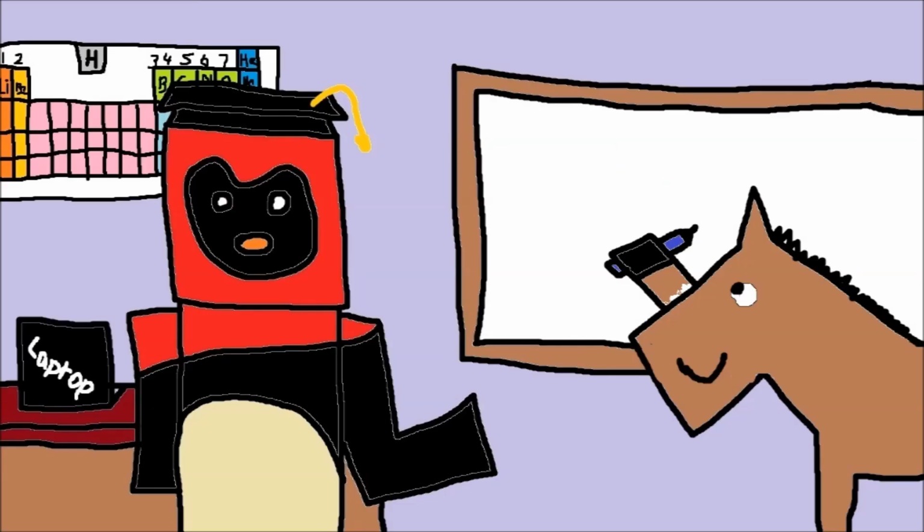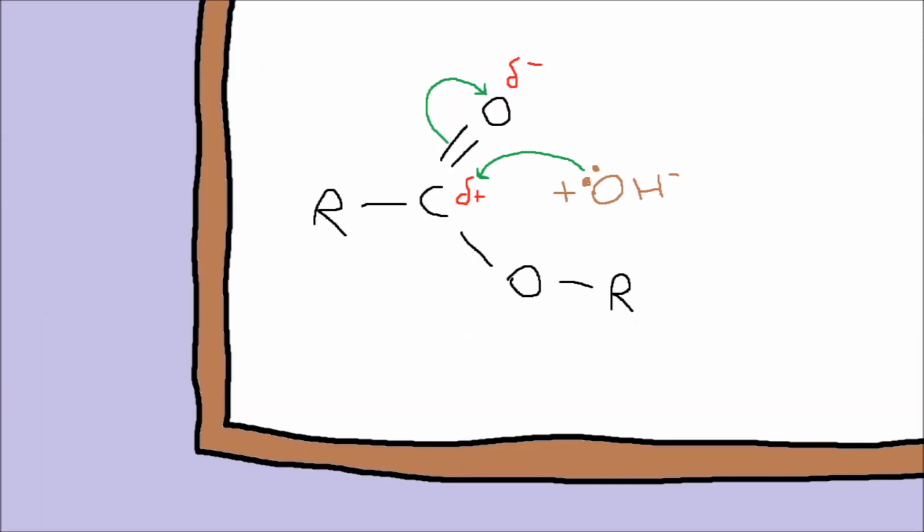The esters can be hydrolyzed by dilute acids or by alkali, but it's usually done with alkali, as shown by the mechanism that Jonathan's drawing for us right now. The lone pair on the OH- is attracted to the partially positive carbon atom. The double bond also transfers an electron to the oxygen atom.